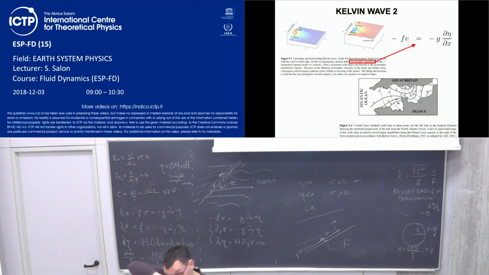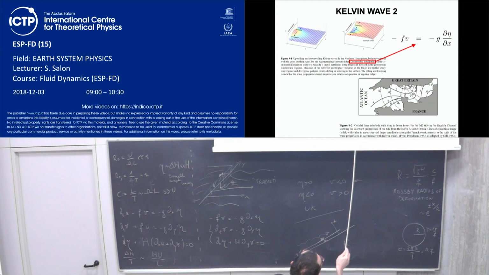Okay? This explains, very roughly but in a nice and clean analytical manner, why when we want to measure the height of the tide in the channel, we will always have the highest tides on the France coast rather than on the Great Britain coast.